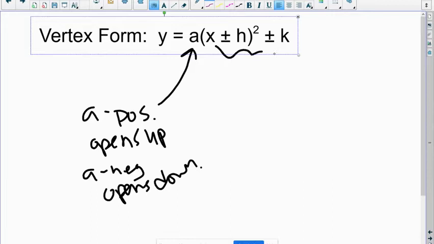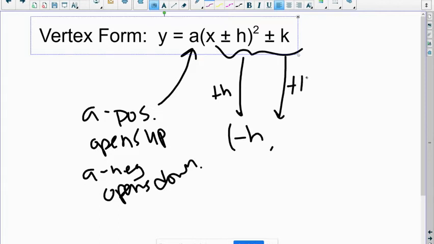Now, h and k are going to help us with our vertex. This is going to help us find our vertex. So notice that if you have a plus h, then you have a negative h in our vertex. And if you have a plus k, then it would be a k that stays the same.